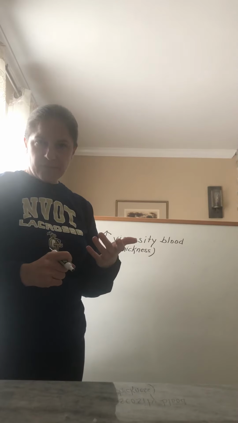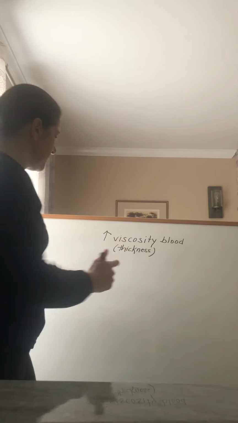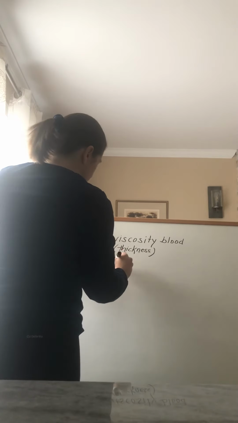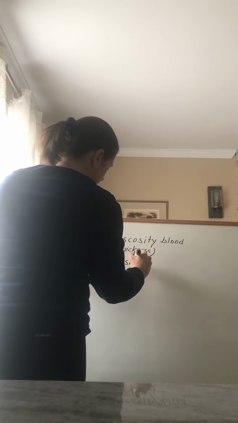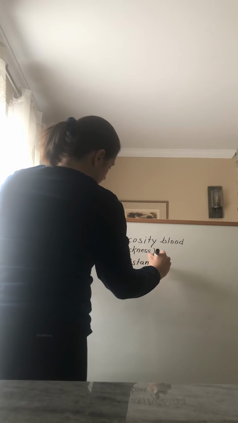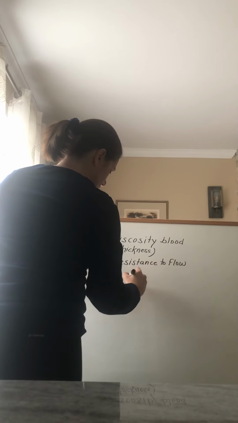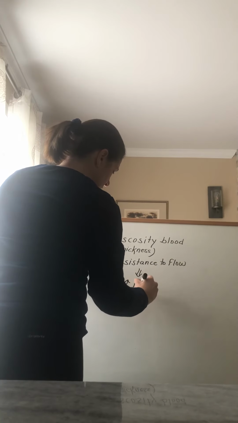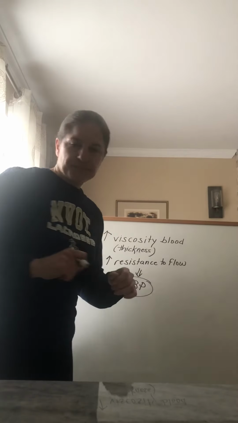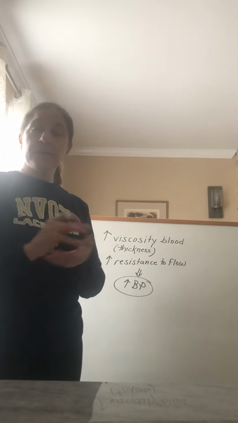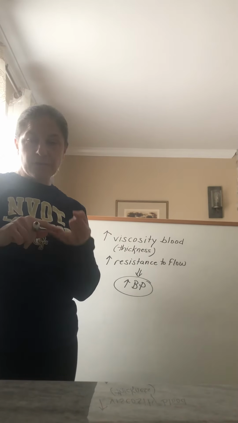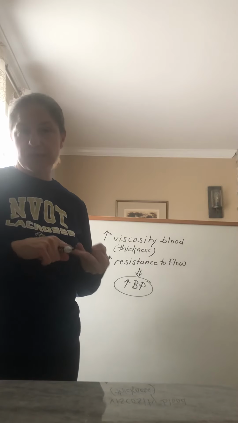Think maple syrup versus water. In doing this, you increase resistance to flow. And overall, what that will do is drive up blood pressure. Okay, so you would have an increase in blood volume, an increased blood pressure due to an increase in viscosity.